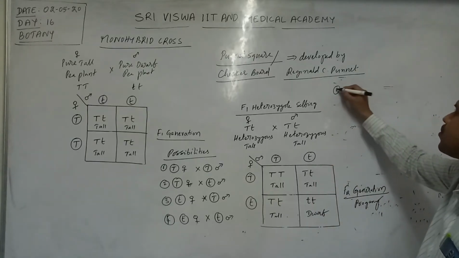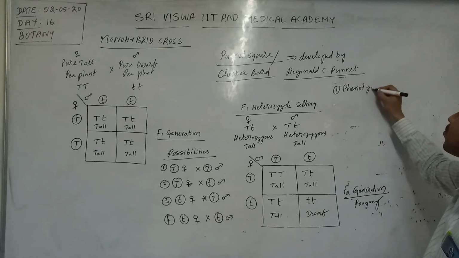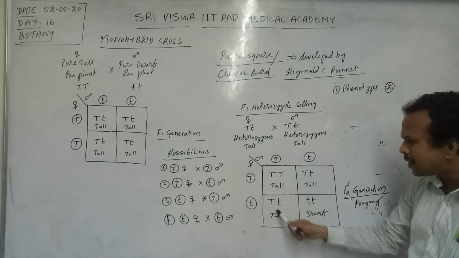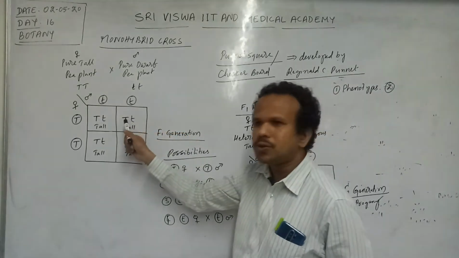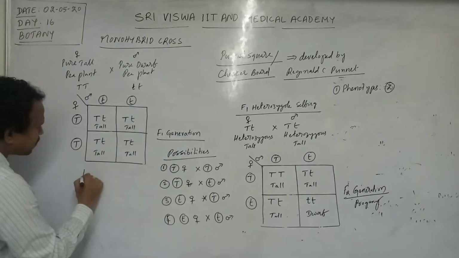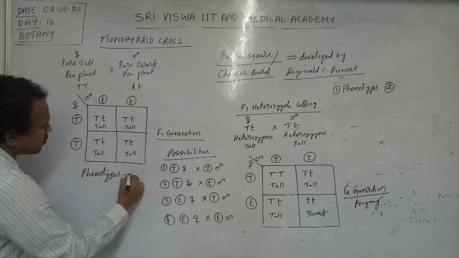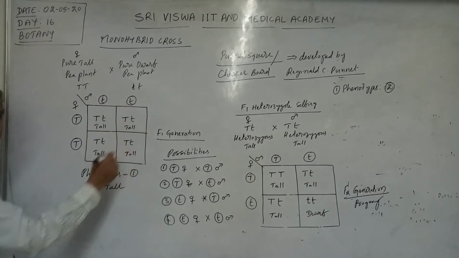Here analyze with reference to the phenotypes. How many types of phenotypes are formed here? Two types of phenotypes. During the F1 generation, how many types of phenotypes are formed? During the F1 generation, only one phenotype, that is tall. All are tall.